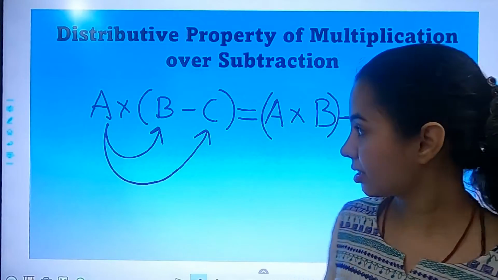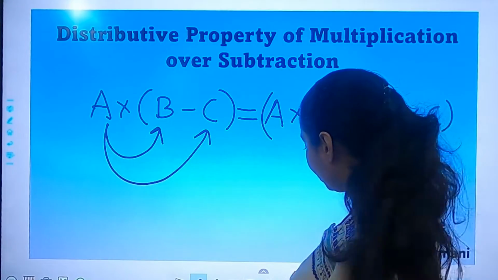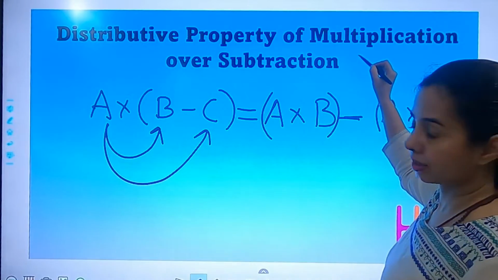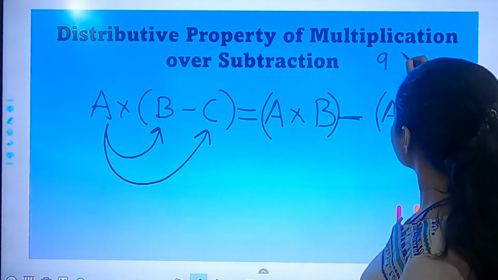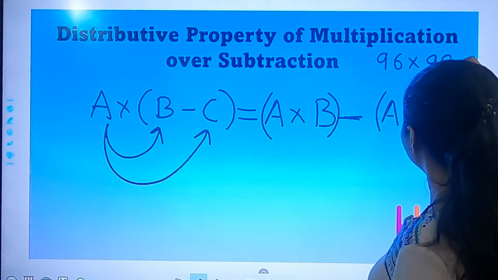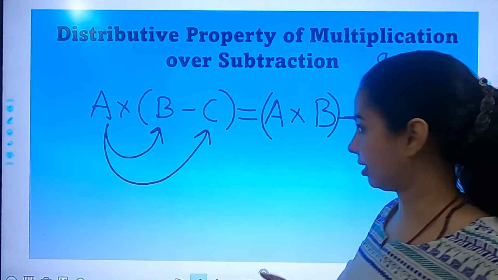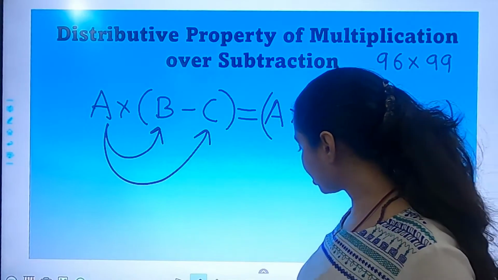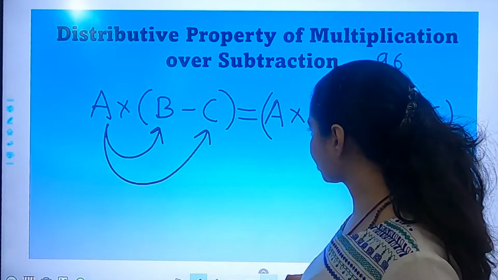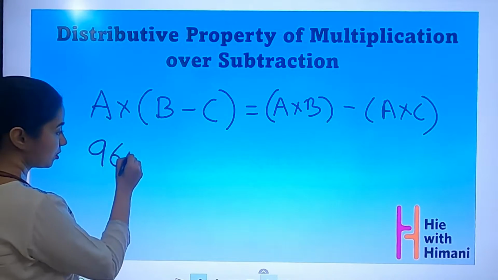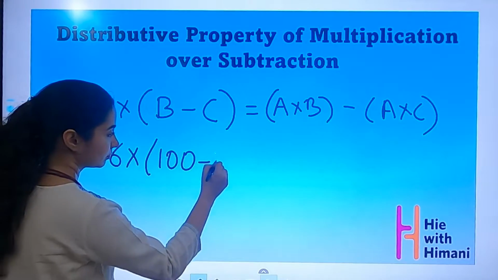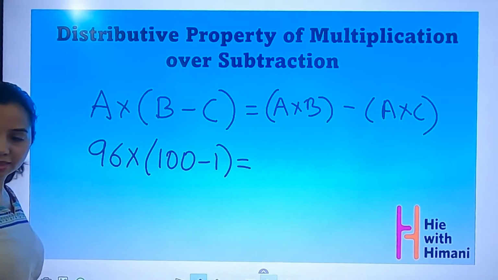Suppose this time the question is 96 into 99. So many 9s. I will again use this property. I can write 99 like this, 100 minus 1.